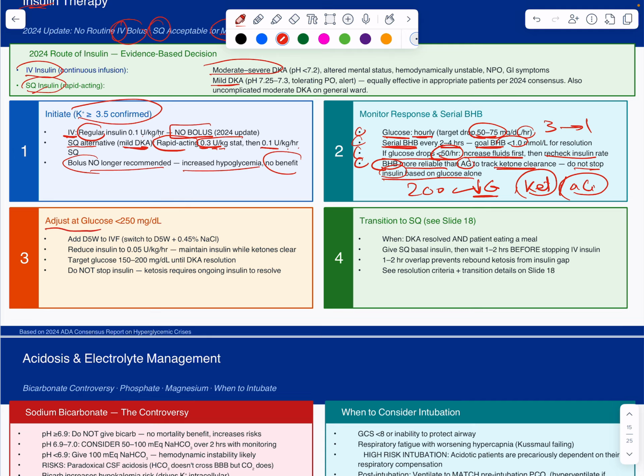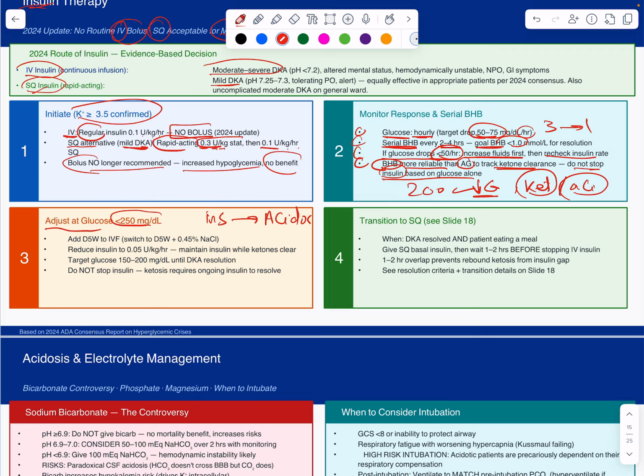Let's talk about the glucose. When they are in DKA, we need to target blood glucose below 250. But when it drops below 250, and if the DKA is not resolved yet, you still need to give the insulin for the acidosis.